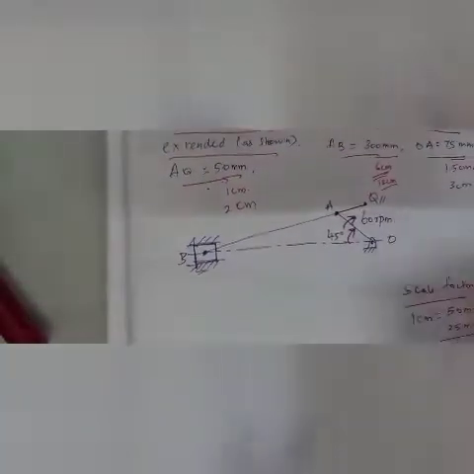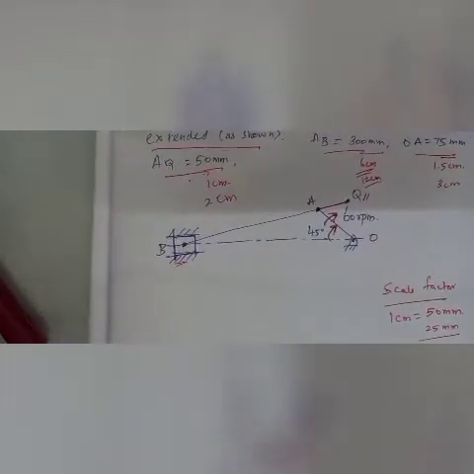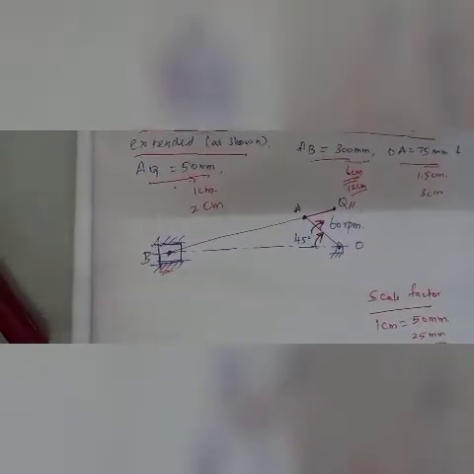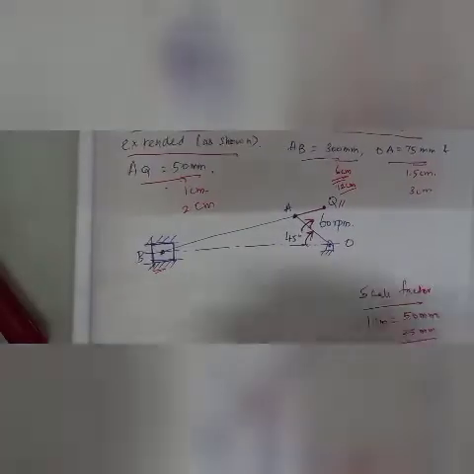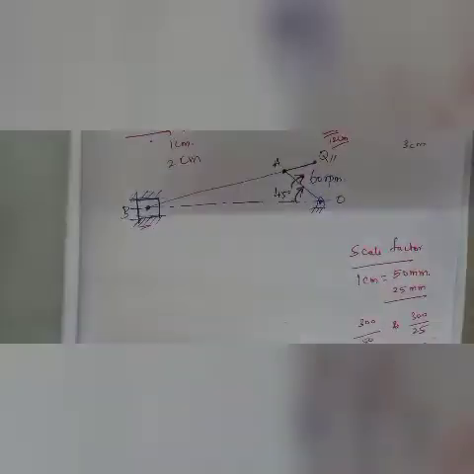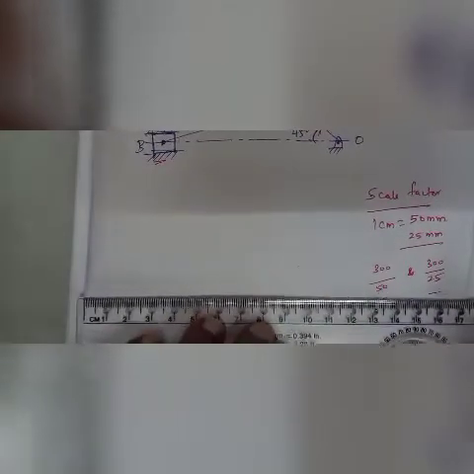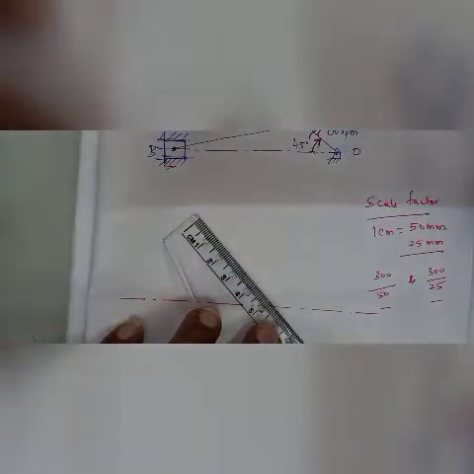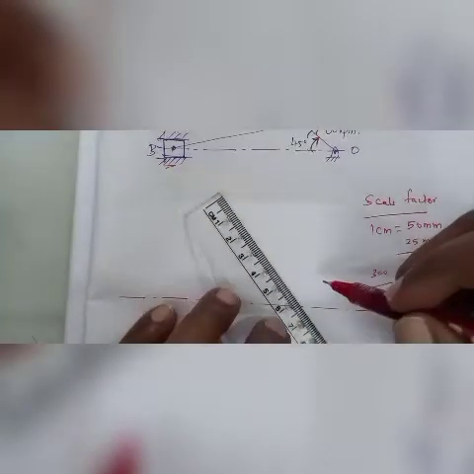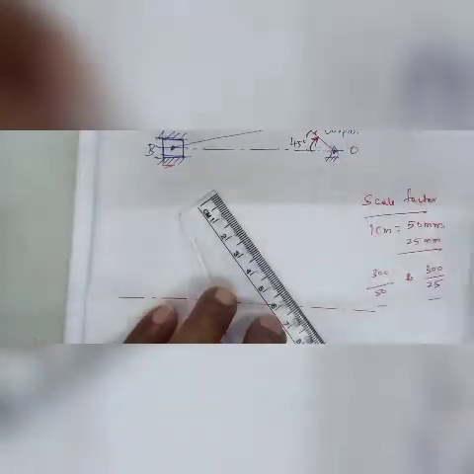Right? So first of all we have to draw the axis. So from this axis OA distance is 75 mm at an angle of 45 degree.